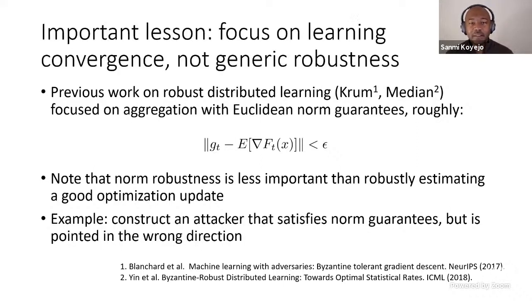The key takeaway that I want to highlight here is that the important lesson is to focus on learning convergence, not just on the robust averaging aspect of it, but the fact that this is embedded within a broader machine learning system.